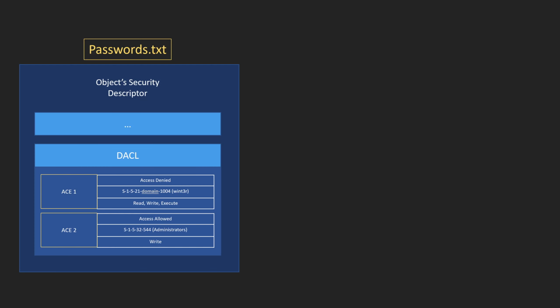For example, we have passwords.txt and we have an access control list with two rules: access denied for anyone with this identifier, and access allowed for anyone that is a member of the administrators group.